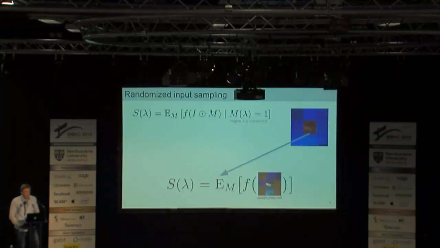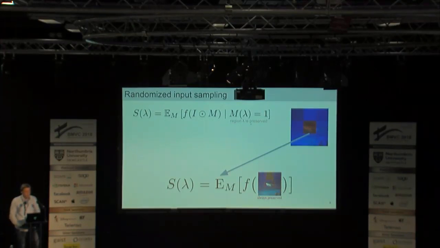In our work, we show that the saliency that we get using this approach can be defined as follows. The saliency for region lambda is an expectation of the scores produced for randomly masked images, conditioned on this region lambda being preserved by all the masks.